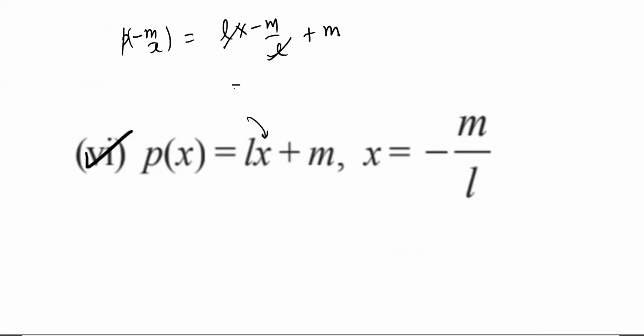This L and L will get cancelled out. You will get minus m plus m, and this m and m will also cancel out. You will get 0. So you can say yes, it is a factor.